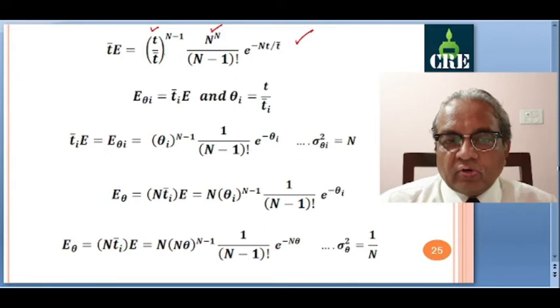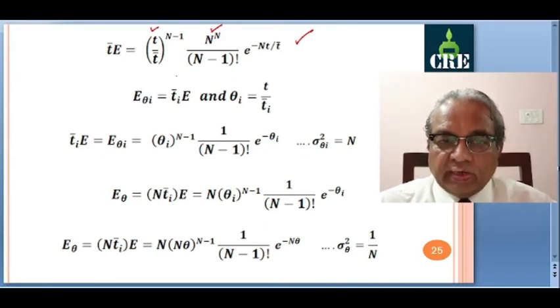So why are we doing it? We want to write these terms in dimensionless form. You know theta I we have already defined as t by ti bar. This ti bar into E, we have written for t1 bar into E, t2 bar into E, and so on. So this is dimensionless, so I can write this as E theta I, where theta is used for the dimensionless term.